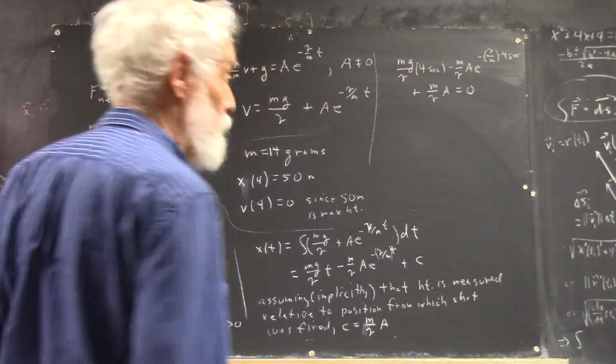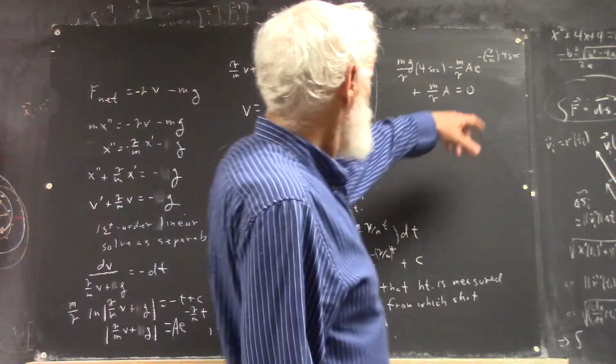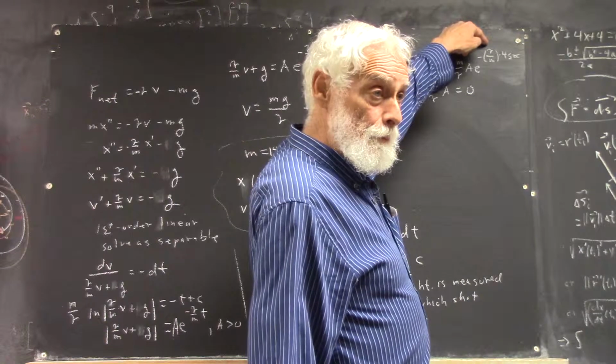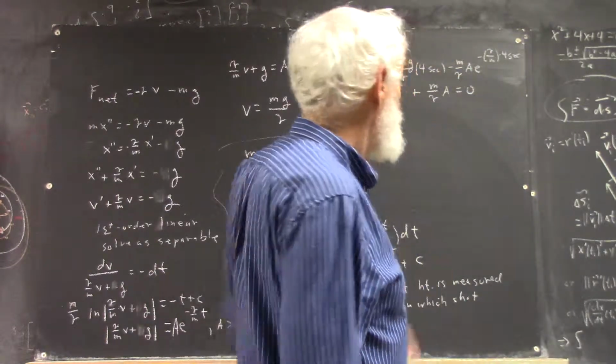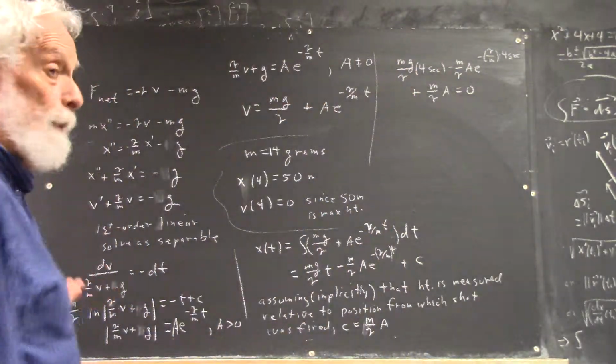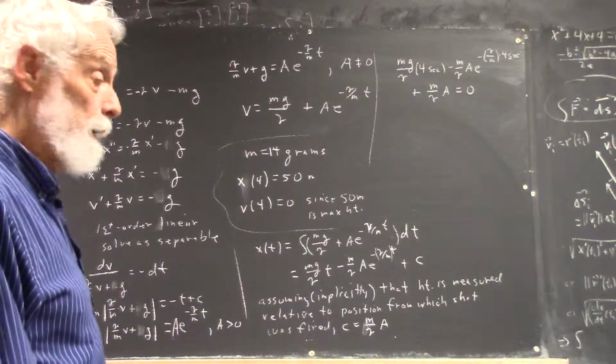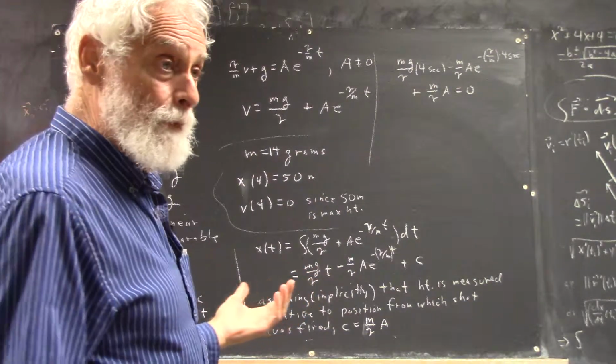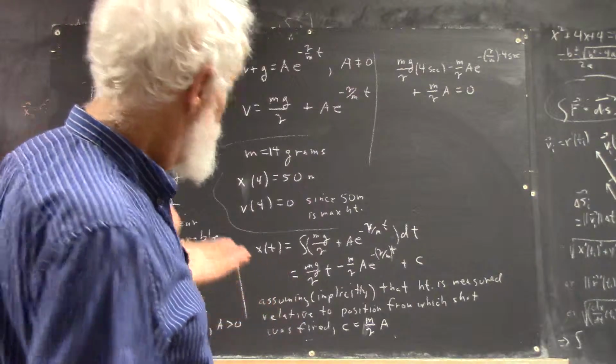Now this might be a little tricky to solve because you've got one of your unknowns up here. Let's see what comes out of this, because we might not be able to get a closed form solution. We might have to approximate a solution, but maybe not.